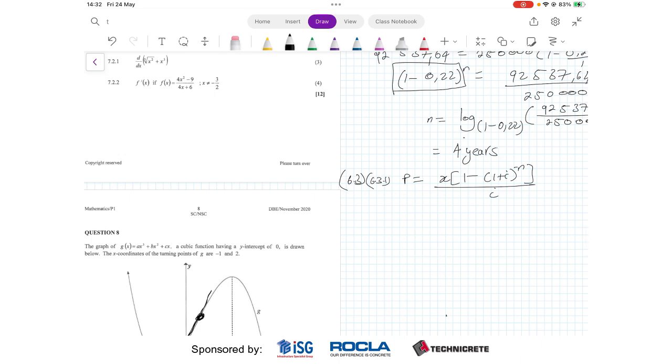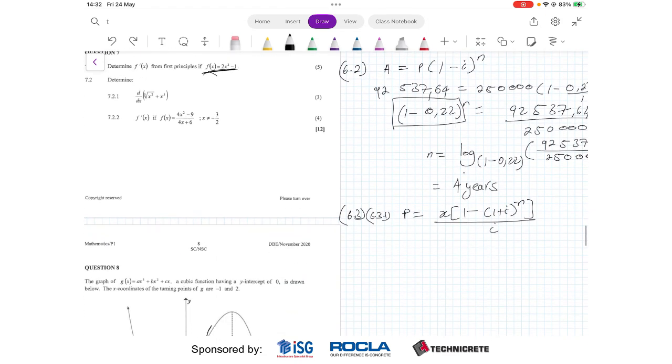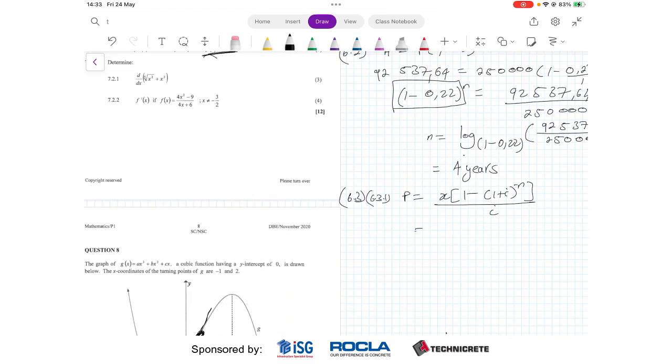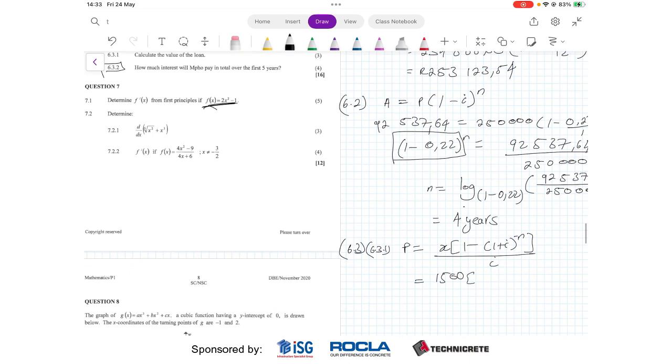We don't know what the present value of the loan is. We don't know how much the loan that Mpho got is. And that is what we are trying to figure out. Now, we know that X is 1,500 Rands because Mpho is supposed to make monthly repayments of 1,500 Rands. 1 minus, the interest is 1 plus.